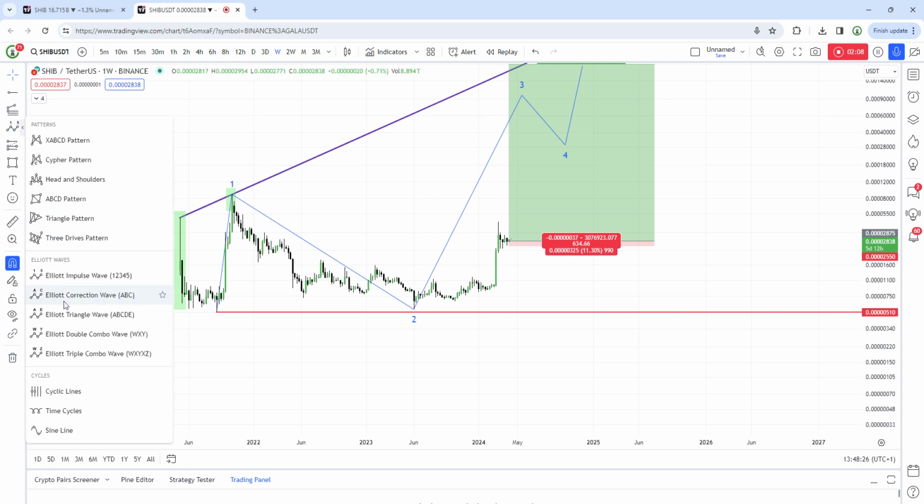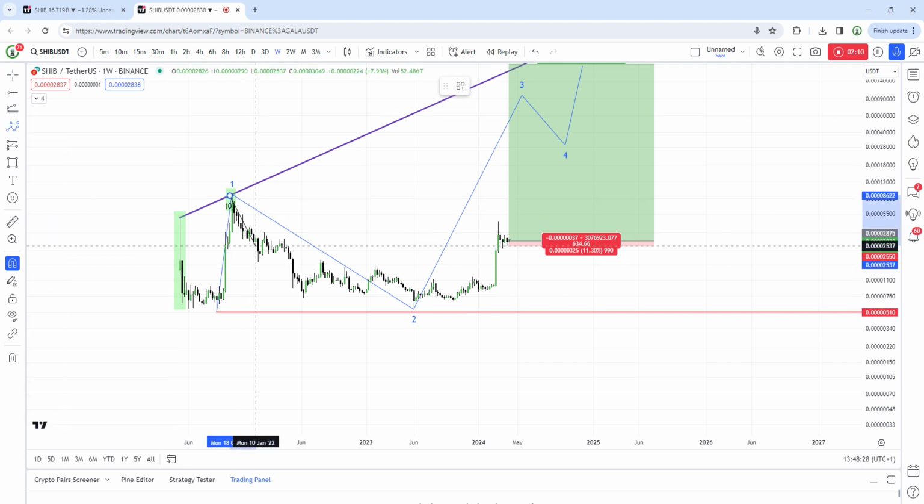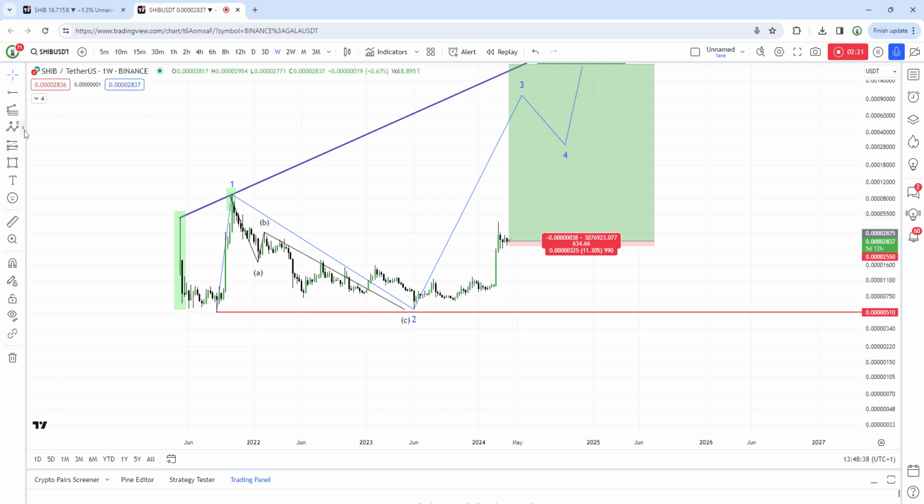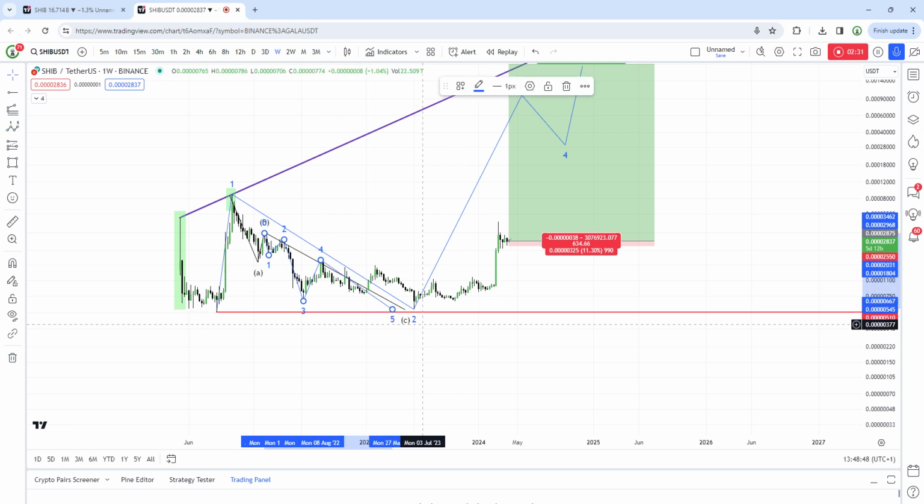Now, what I think's happened is that we've got this ABC, and the C leg basically completes wave two, and the C leg is also in a five leg structure. So we can go one, two, three, four, and five.